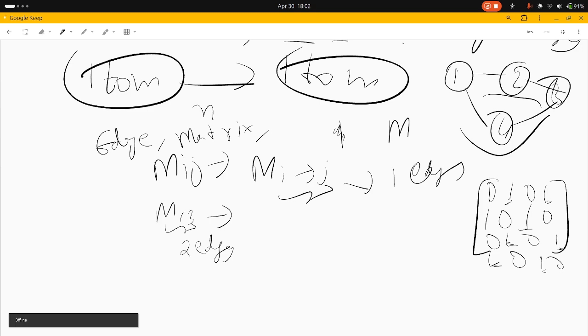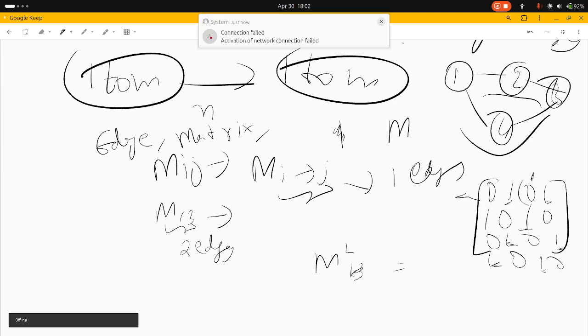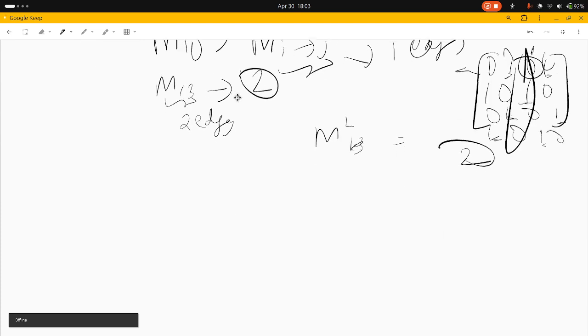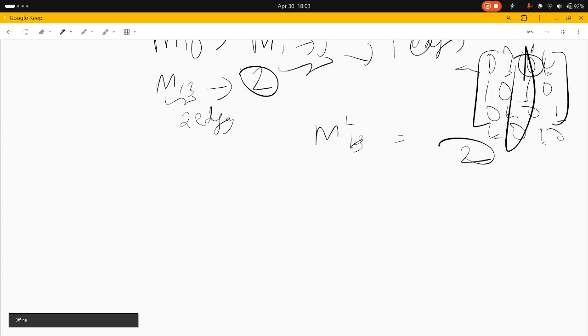For the square matrix, m square, the 1 3 entry would be the first row multiplied by the third column. For the third column the answer would be 2. So here we are getting 2, which is similar to our approach. So this is just an example. The solid proof would be given in the graphical methods, graphs and etc.